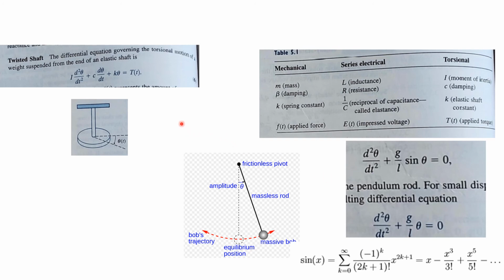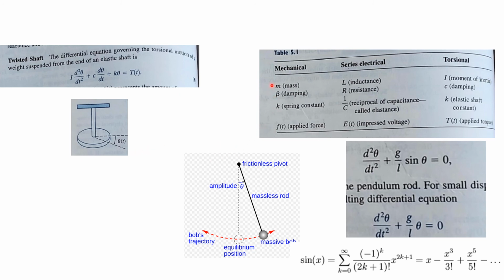This is a mechanical engineering example dealing with a twisted shaft, and the differential equation governing the torsional motion of the weight suspended at the end of the elastic shaft is given by this differential equation. If you look at it for a while, you say, wow, that's really the same differential equation. This is showing you what theta is in that case.